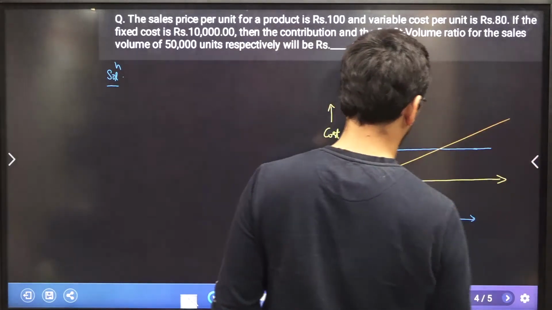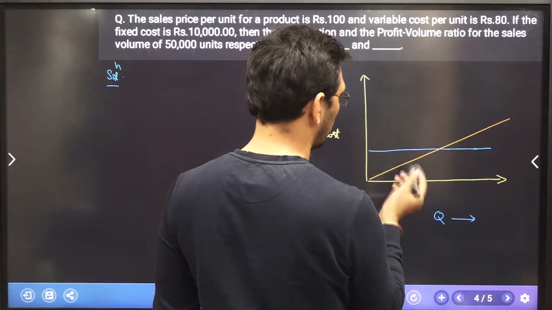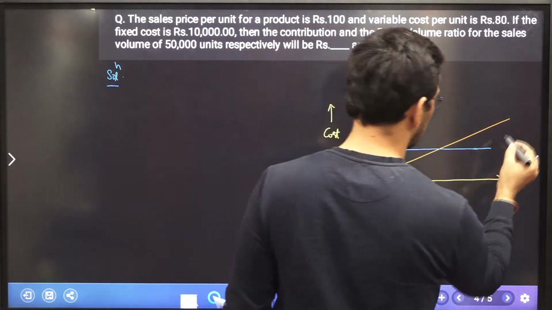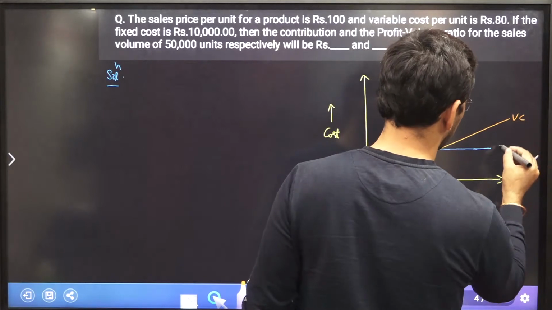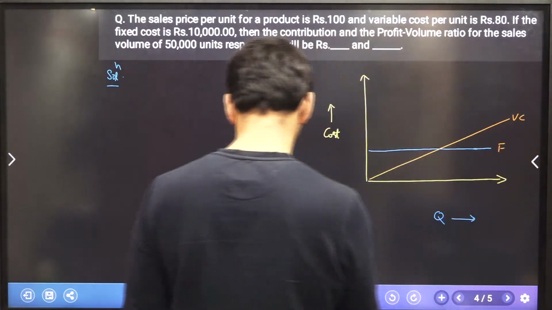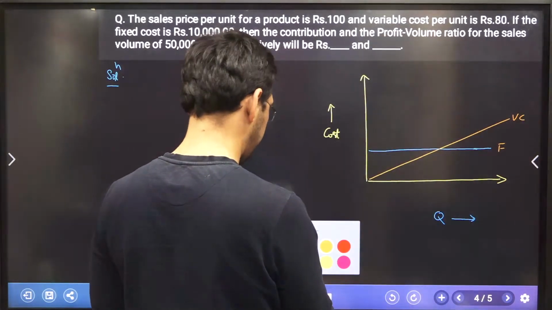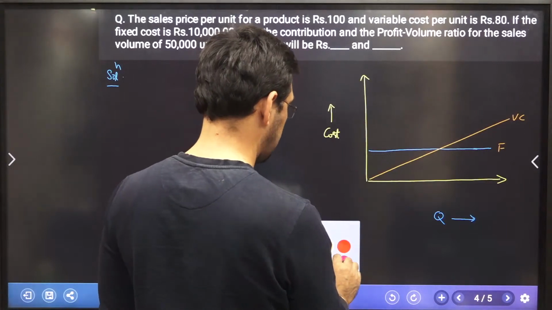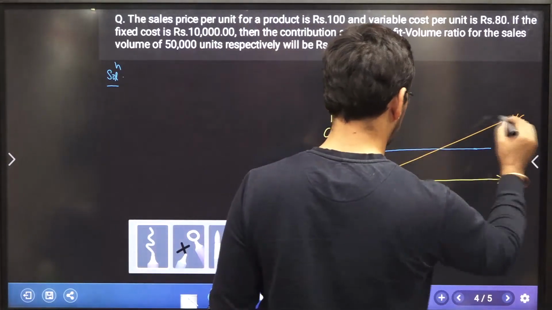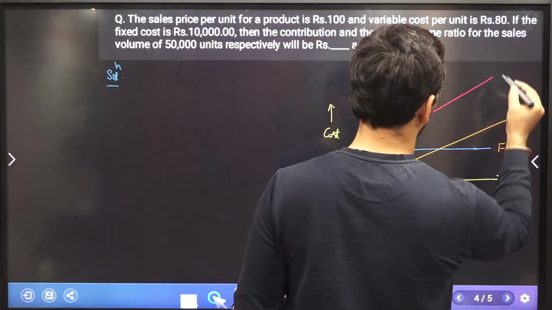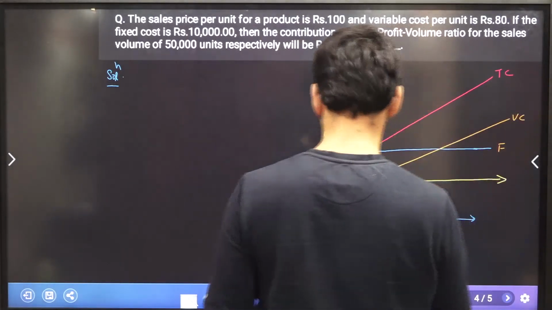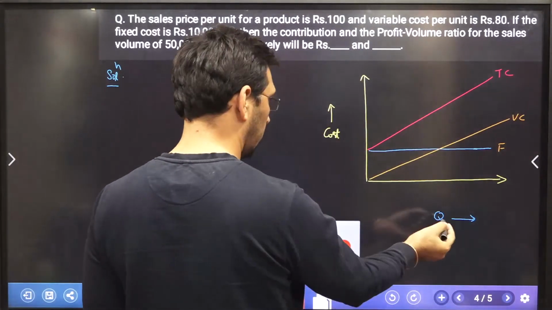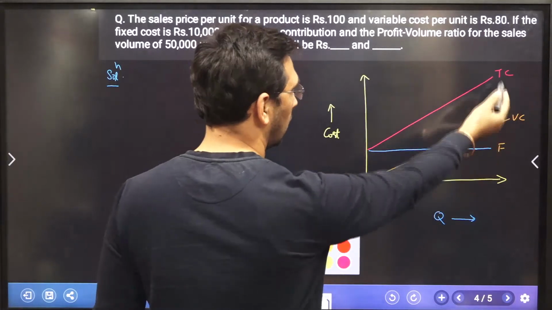If I want to show the total cost, add them up. This is fixed cost, this is variable cost. If you add them up, you will have this parallel line going over here. So this is going to be the total cost. Obviously when you have produced this component, you have the cost involved.